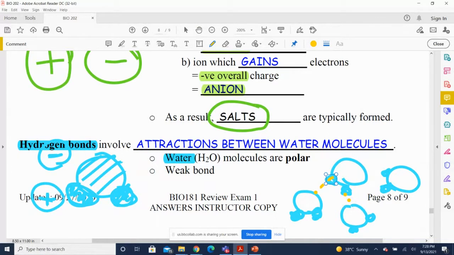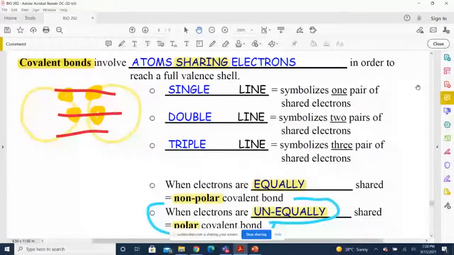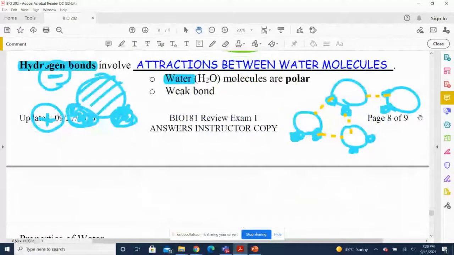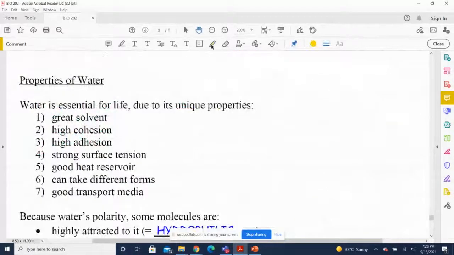So there's this connection between these water molecules that results simply from this unequal sharing of the electrons, which we saw in our first example of covalent bonds. So hydrogen bonds are just a special group because water is so important for us. And that brings us to listing the properties of water.